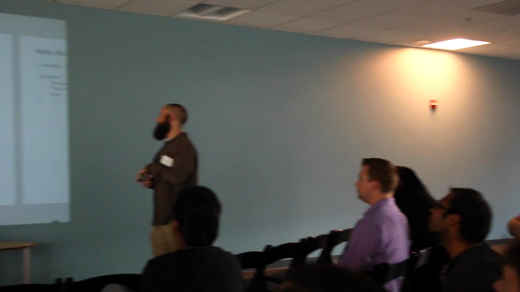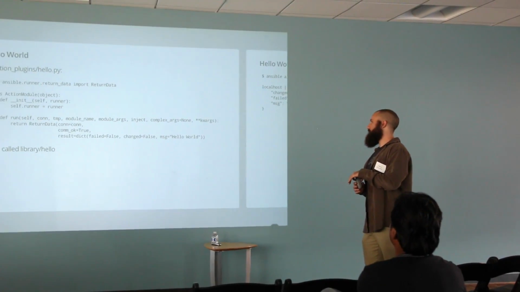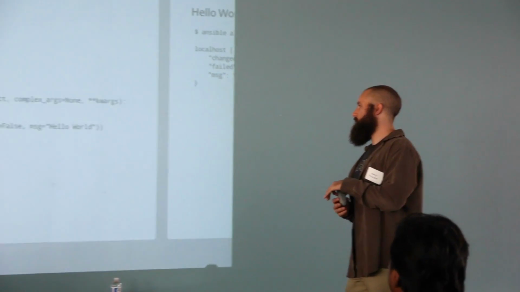Going back to your Hello World example, you have code that shows the action plugin itself. Did you show the YAML that actually used it? I didn't, but it wouldn't be very complicated.